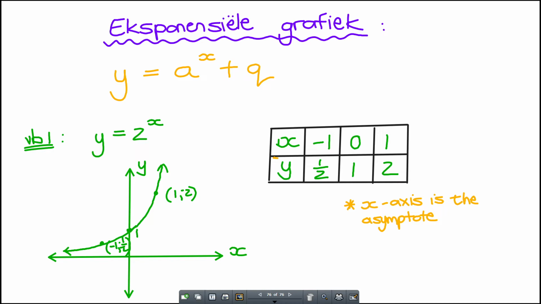The asymptote. And the previous one for the parabola, it was my y-intercept. So remember with q, you can write it there: that is going to be my asymptote.